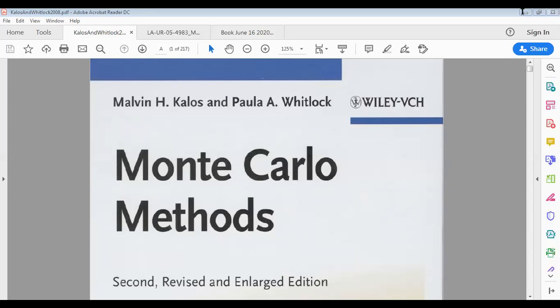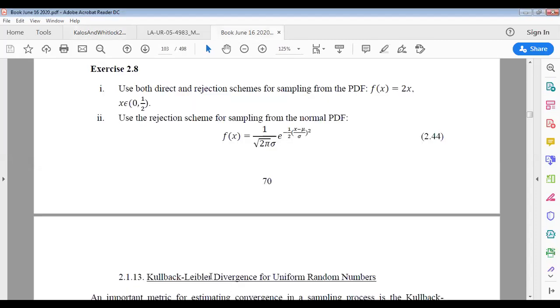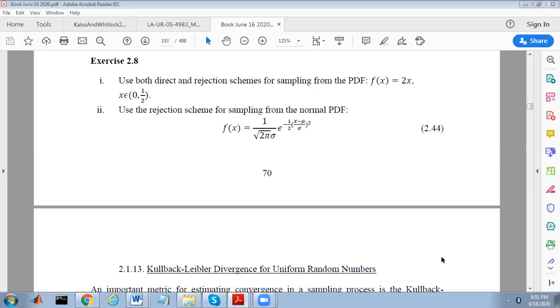Let me try to find my book over here. Okay, so I hope you can see exercise 2.8. If I haven't goofed up, then you can see exercise 2.8.